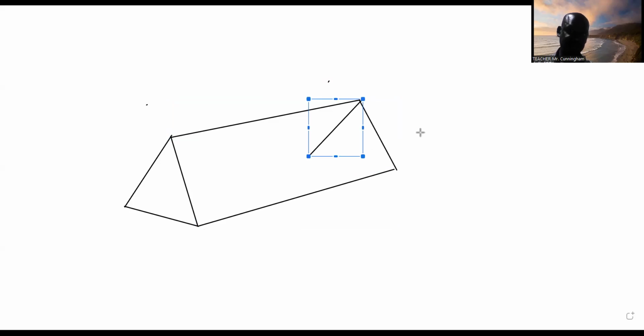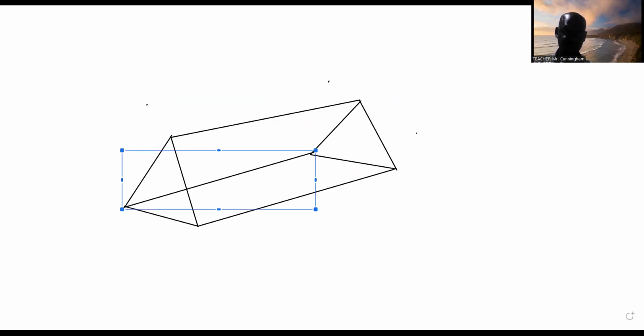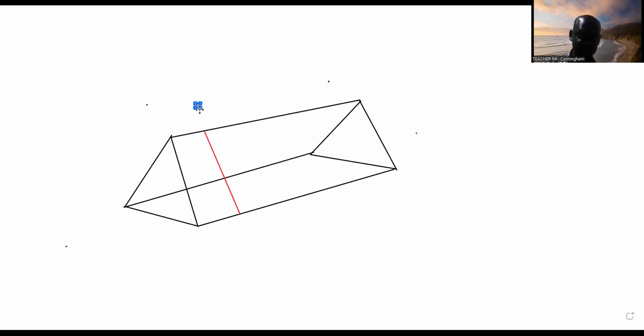So the same shape at the start is the same shape that is going to go through the length of the prism. You have the same shape, which is a triangle, going through.